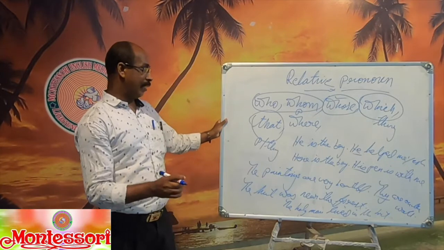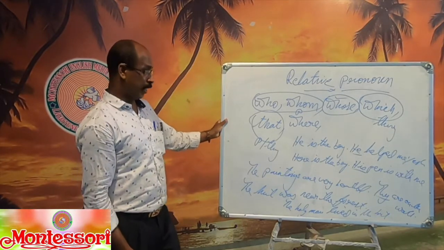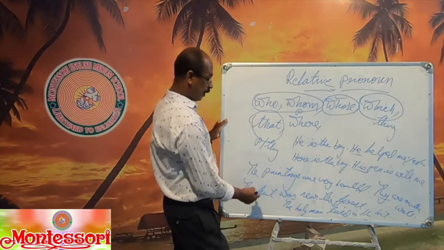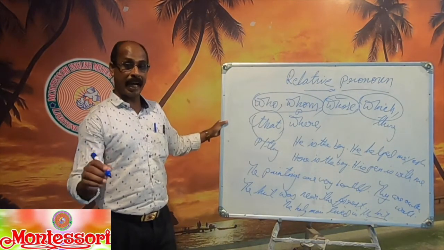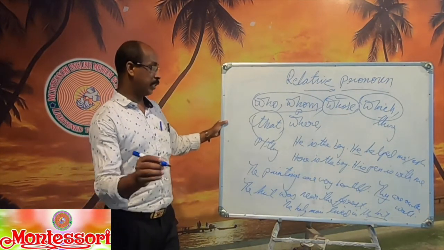The holy man lived in the hut. Which word is repeated? The hut is. The holy man lived in the hut. The hut was near the forest.